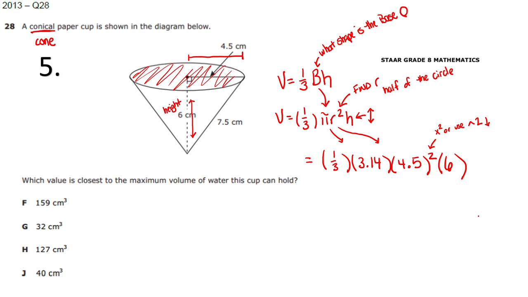So it's almost easier just to use this key whenever you see something squared. But anyways, let's see if you got this answer. You should have gotten 127.17. If you didn't get that, raise your hand, because we have to get your calculator skills good, and someone in the class can help you get that.